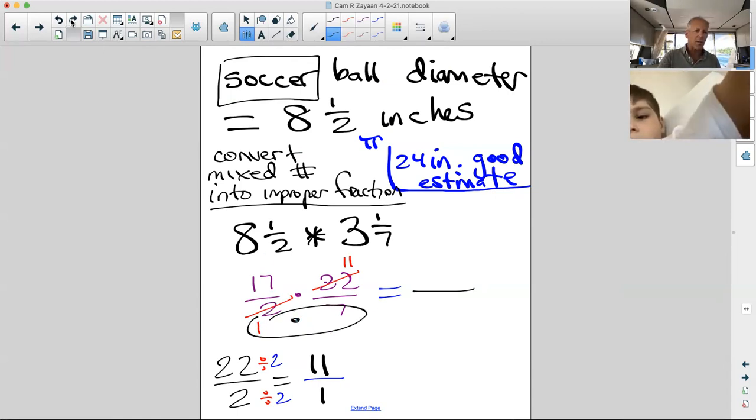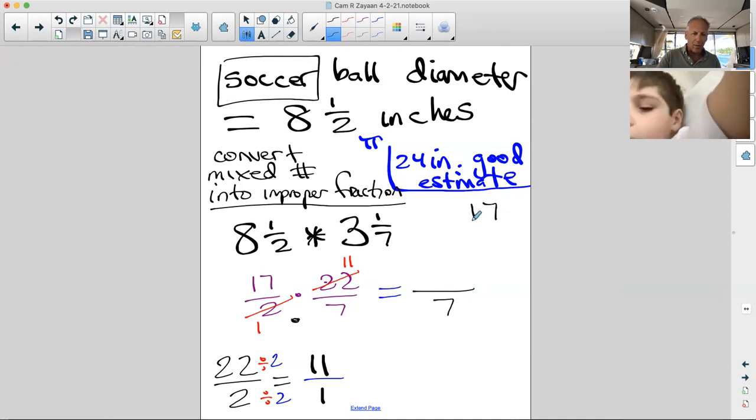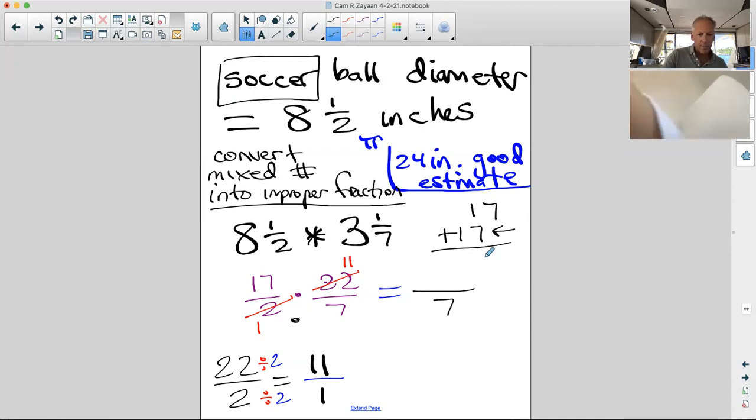What is 1 times 7? 7. Good. Now, Cam, do you know how to multiply by 11? Did I ever teach you to just write it down? Do you remember if you write it down twice, but push one of them over one place value and you add them? Can you please add that for me?